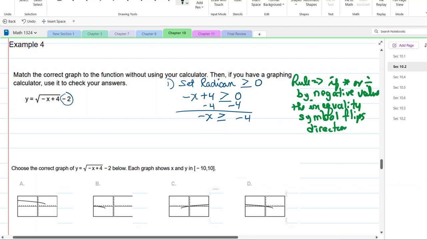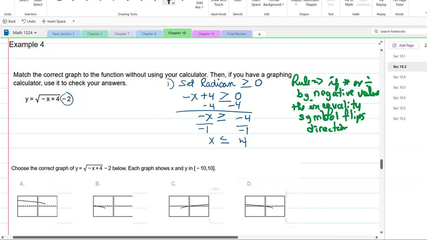All right. Now again, there's some information that you should be familiar with, but if not, don't worry about it. I'm going to talk about it a little bit. So I'm going to divide by negative 1. So x has to be less than or equal to 4. All right.